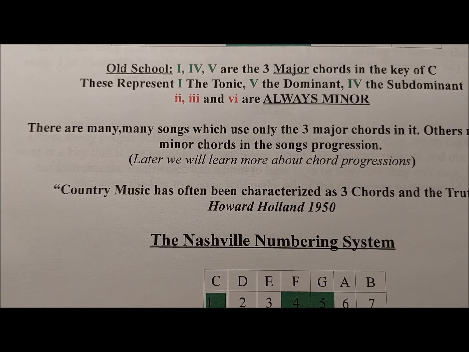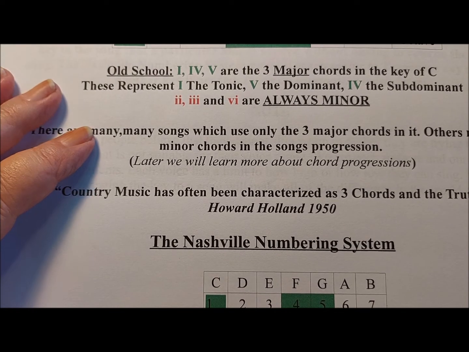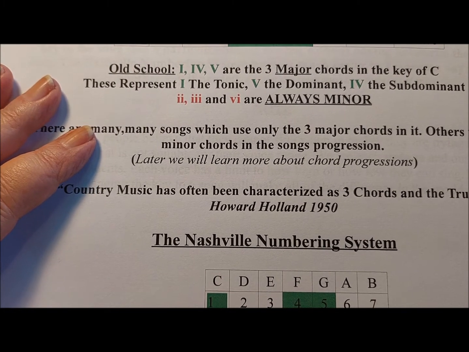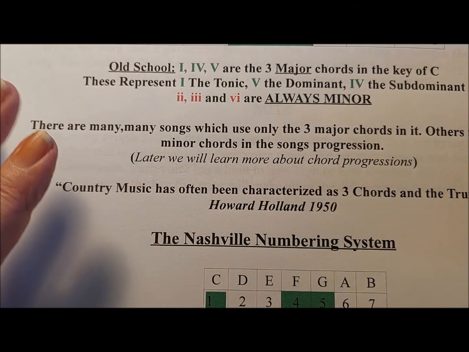He wrote that in 1950, because the old school country music, they just stuck with those 3 chords. A lot of the newer stuff is adding their minors and stuff, but your good old basic chords are 1, 4, and 5. Same with any nursery rhymes, any basic song, you know. Okay.